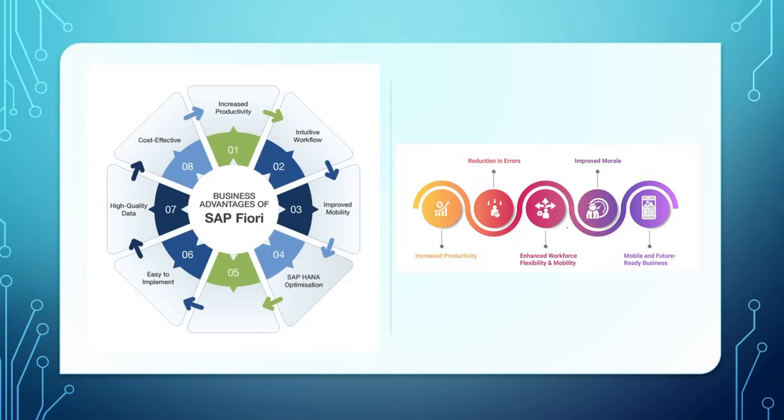Its better UX leads to more accurate data input and improves reporting and decision making. Finally, by streamlining operations and reducing errors, it lowers support and operational costs. And we have a centralized UX strategy for consistent Fiori-based UI across the apps, reducing complexity for the users and also for the IT team.